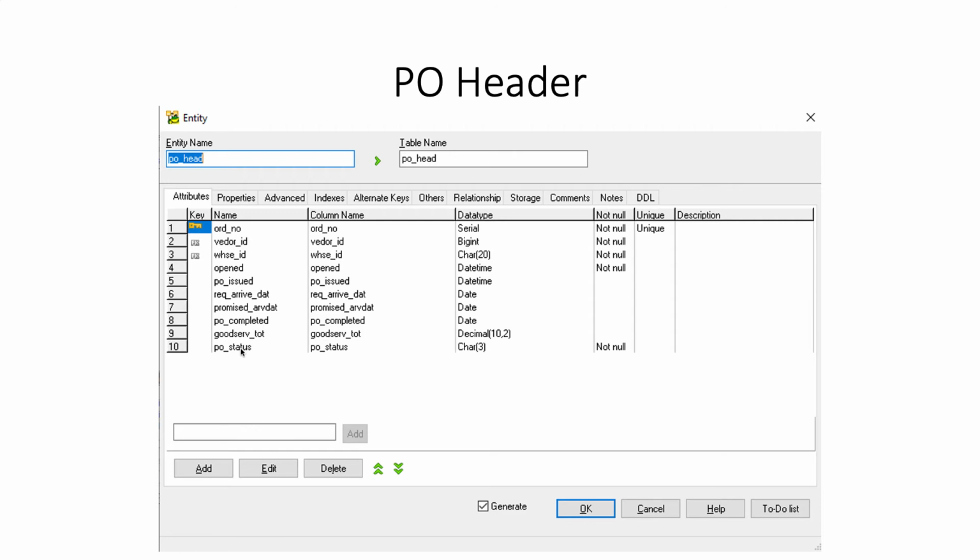And the PO status. I would advocate that you consider having status levels so that you have things like NEW, which means you haven't placed it yet, POG, which means you've given it but it's still open, REC, received, means it's all here, PAY means that you've paid for it, and PST means that it's posted and closed, no longer open.